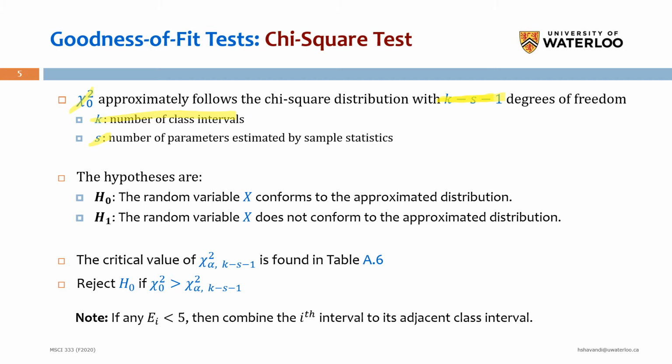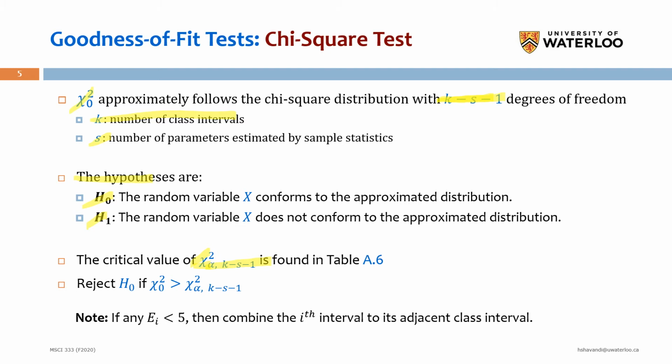This is the hypothesis test. The null hypothesis H0: the random variable X conforms to the assumed distribution, and H1: the random variable X does not conform to the assumed distribution. The critical value of chi-square with significance level alpha and k minus s minus 1 degrees of freedom can be found in Table A.6.